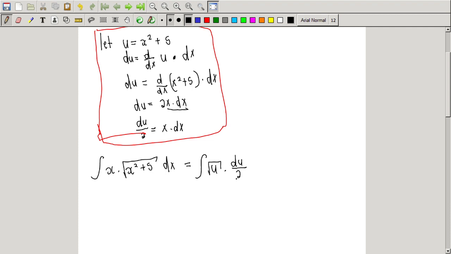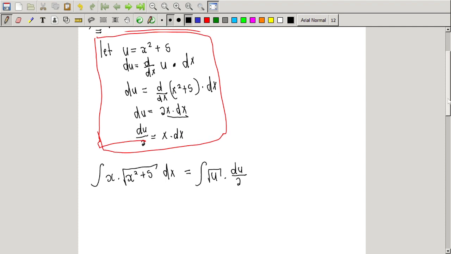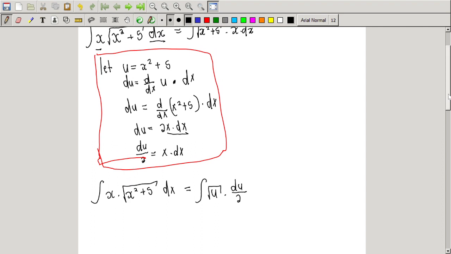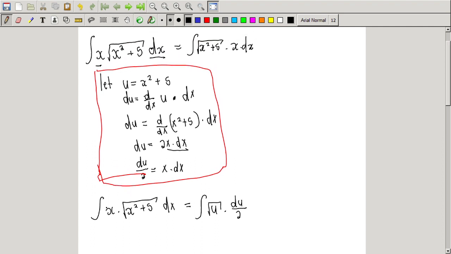I hope you're together here, guys, because of what we simply did. In the place of x squared plus 5, we substituted u. We wrote u in the place of it because we let it to be u, to simplify this thing. We also said that x multiplied by dx is the same as du divided by 2.